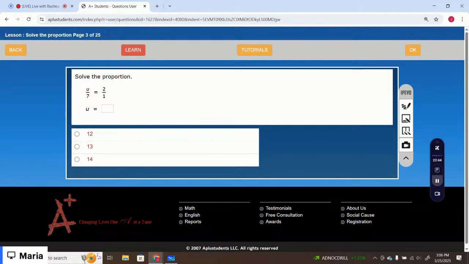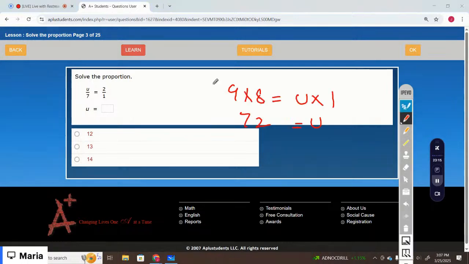Solve the proportion u divided by 7 equals 2 by 1. So which is the correct option? Let's just solve it for the u. That is u times 1 equals 7 times 2.